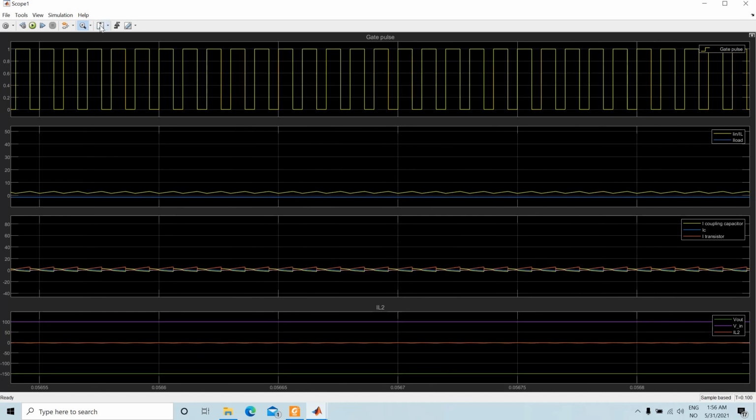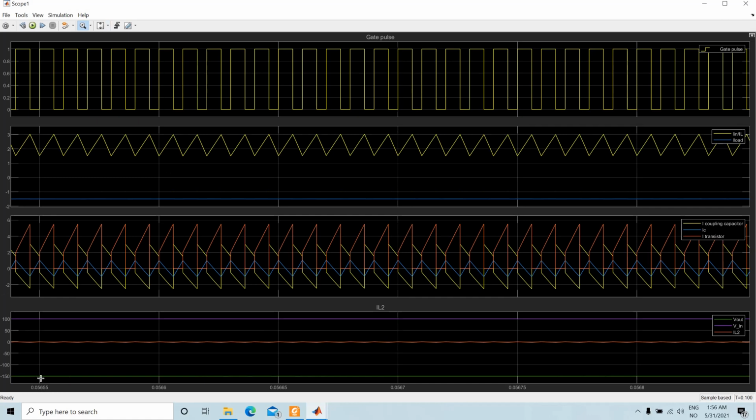You can see clearly that this green line is basically the output voltage, which is first of all a negative value, and the input was 100 volt positive value, so the output voltage is in the opposite direction, and the magnitude of the output voltage is more than the input voltage.